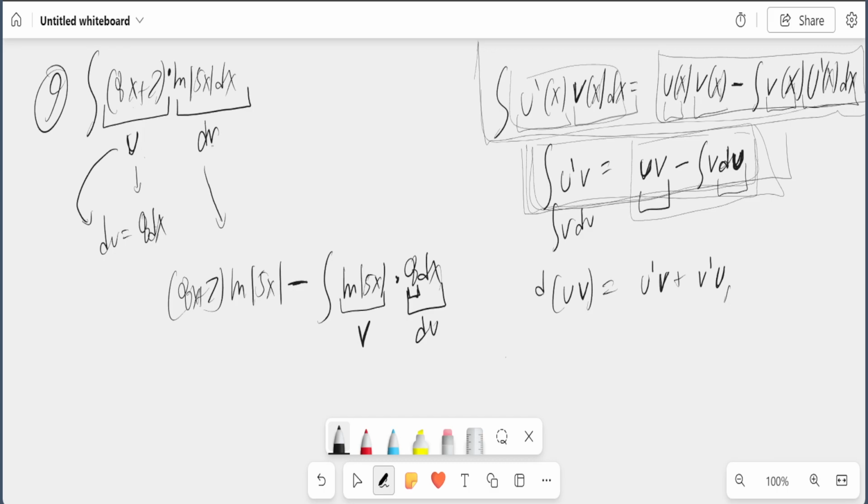Okay, I understand what's going on from there. And so once we take the integral of both sides, we get uv is equal to the integral of u prime v plus the integral of v prime u.